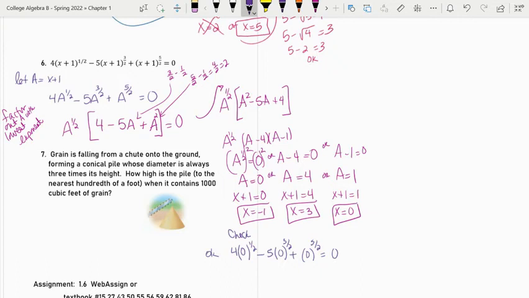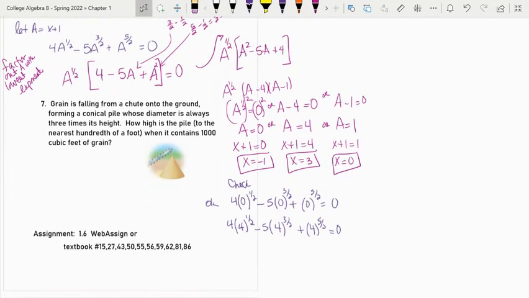So now let's check x equals 3. That's 4 times 3 plus 1 is 4 to the half, minus 5 times 4 to the 3/2, plus 4 to the 5/2. Does that equal 0? Use your calculator.